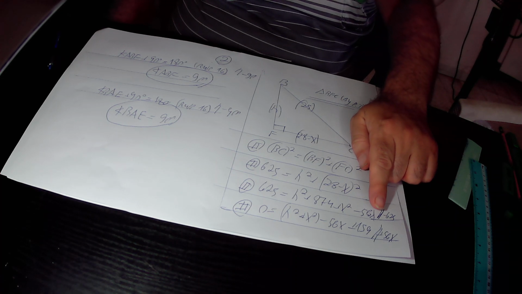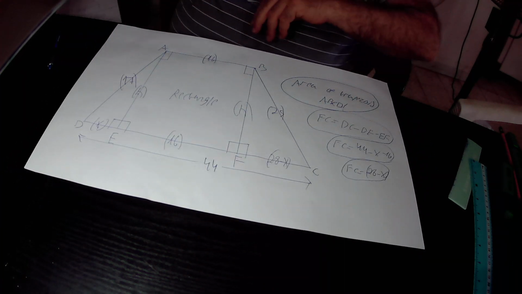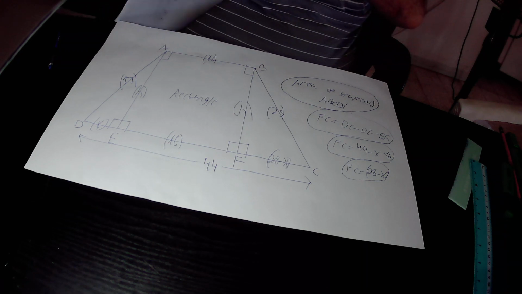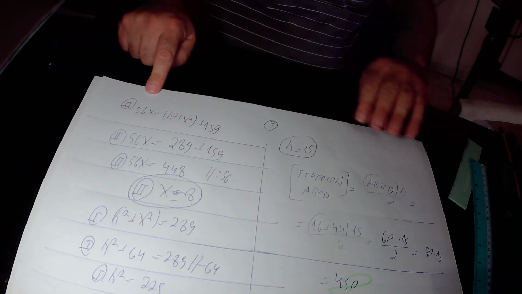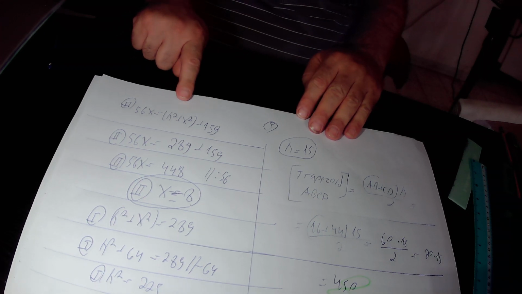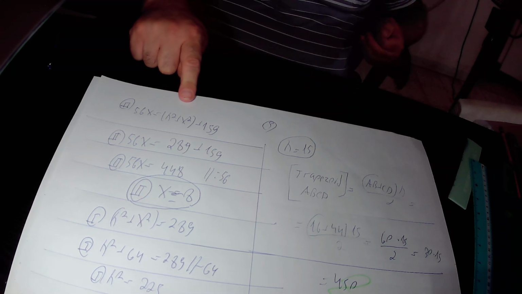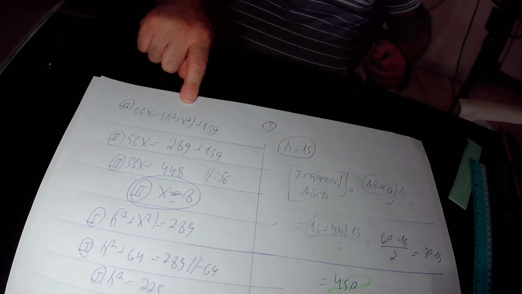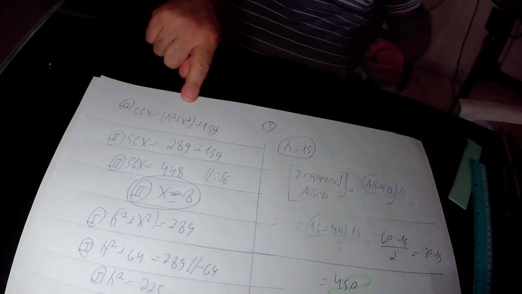Here we added 56x to this equation, equation 2, and finally found out that 56x equals h squared plus x squared plus 159. According to equation 1, h squared plus x squared equals 289. Therefore, we can substitute h squared plus x squared in this equation, equation 2, by 289.